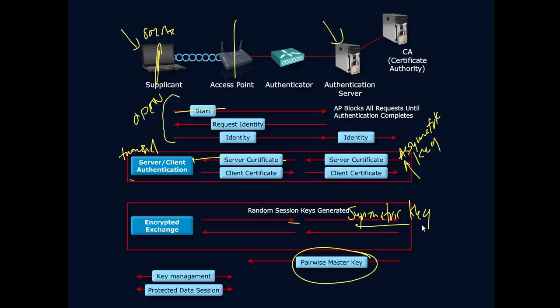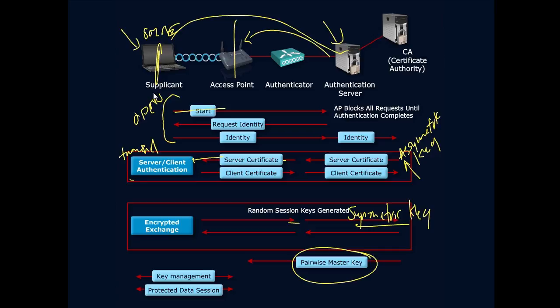This session key is going to be sent out to the access point, and then it's going to be sent out to the supplicant using an encrypted connection, using this asymmetric tunnel we set up. So now we have a symmetric key that's sent, and now we have our key management taking place on our supplicant and our access point, and we have a protected data session using those symmetric keys.